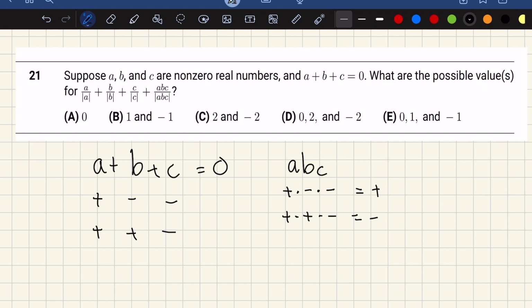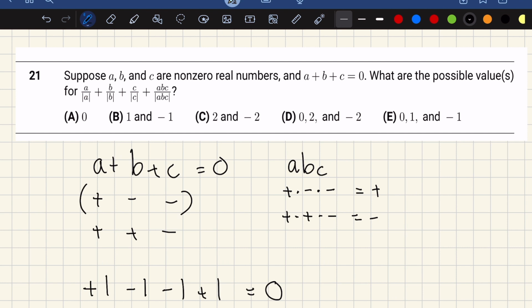So let's have a look at the options. We're going to have positive 1, minus 1, minus 1, plus 1. That's in this case when we have a positive and two negatives, in which case it would be 0.